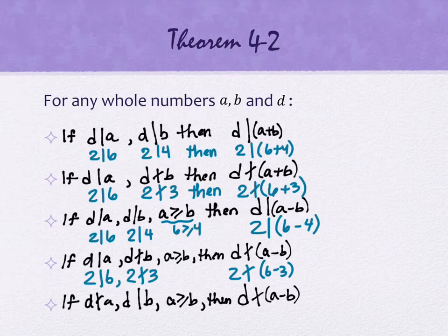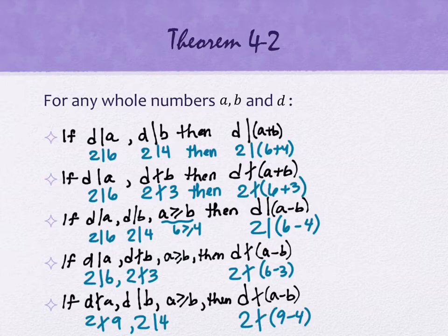So if I switched this up and I did 2 does not divide, say 9, but 2 still divides my 4, then if I do 9 minus 4, I get a 5 and it won't work. So it's failing to work in cases where one divides and one doesn't, and it works in places where they both are divisible.